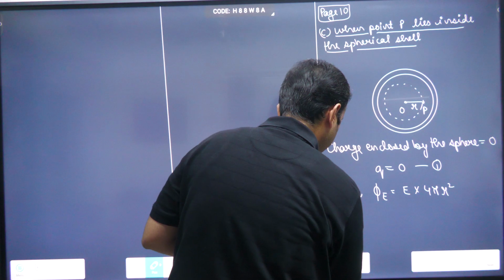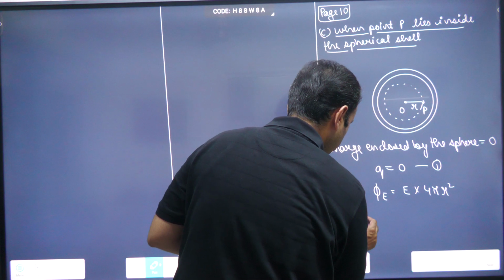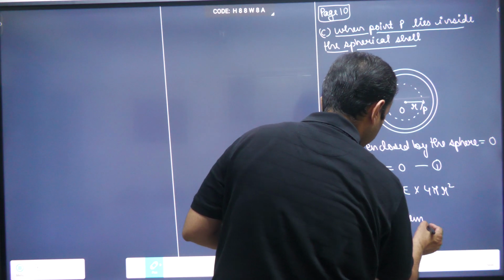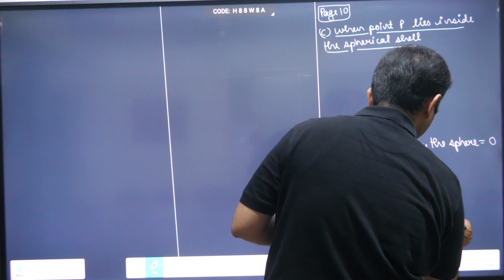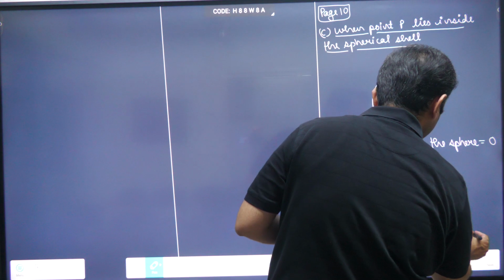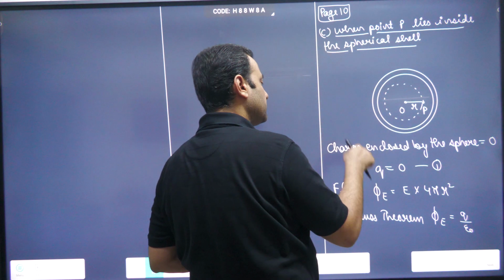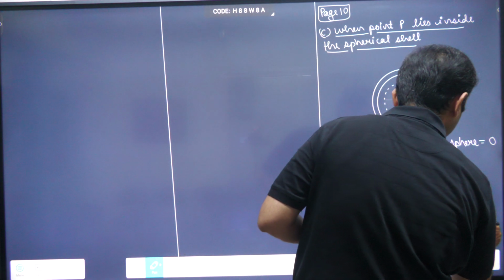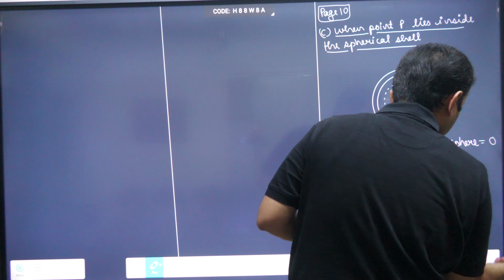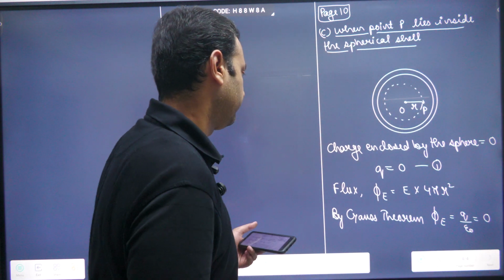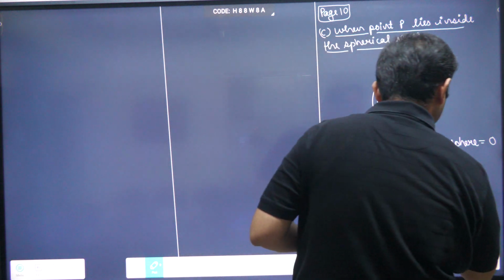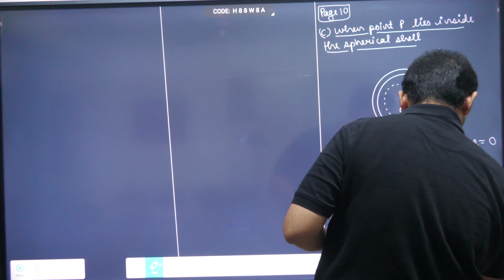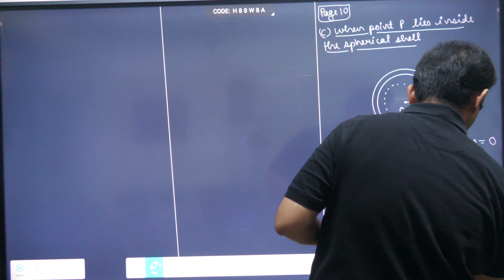By Gauss theorem, phi E is equal to Q upon epsilon naught, and this time the charge enclosed, because we are inside the spherical shell, is 0. So this time it will be 0. 0 upon epsilon naught means 0. Alright, this is equation number 2 and this is equation number 3.